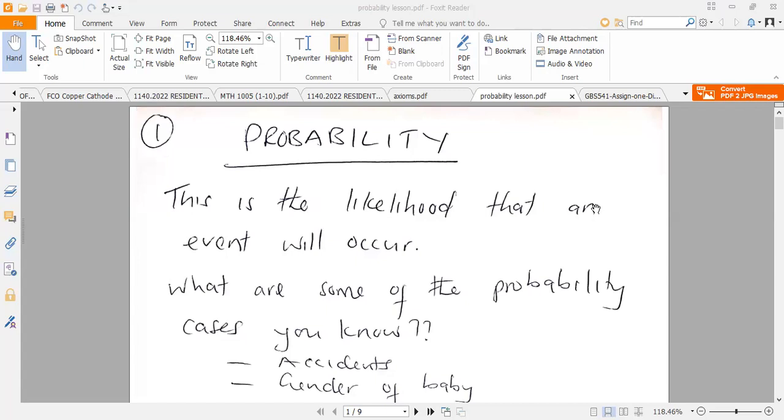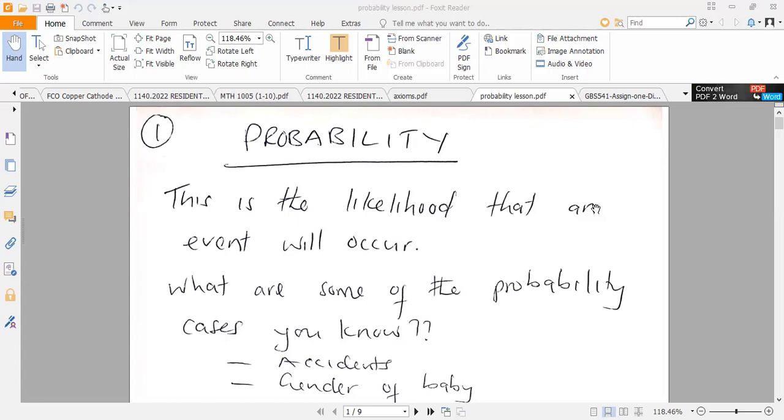To begin with, probability is defined as the likelihood of an event occurring. On a daily basis, probability or chance characterizes the order of the day.